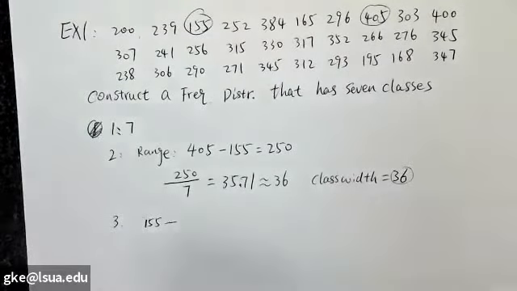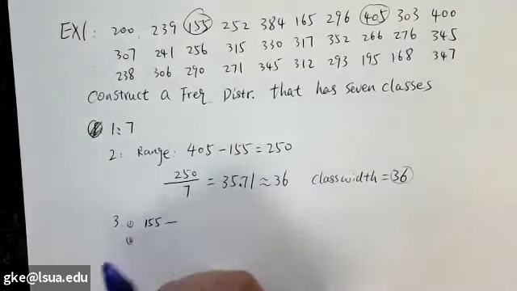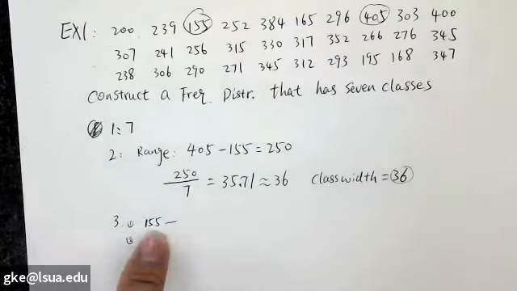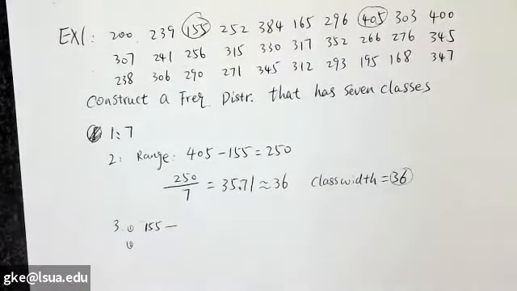So can you tell me what is the lower class limit of the second class? Oh, very good. You are so smart. That's the point. We know the class width. So as long as we know the first class lower limit, then we can calculate the second class lower limit.